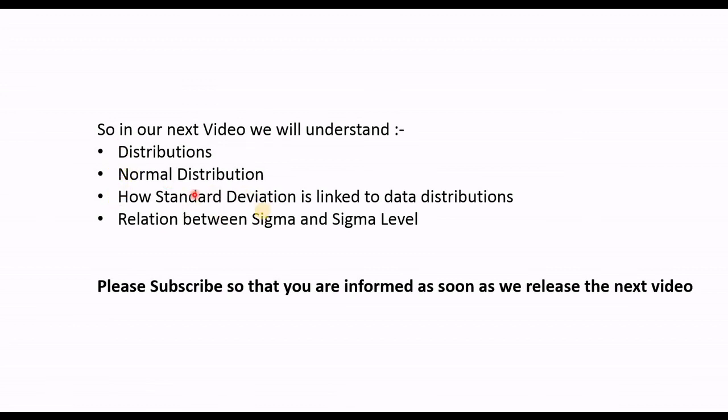What is the relation between the standard deviation and these standard distributions, based on which I will calculate how probable it is that the next car I monitor will lie in this range, which we have seen in the previous slide. And what is the relation between sigma or standard deviation and the sigma level? This is very easy in the examples that I have taken in my next video.